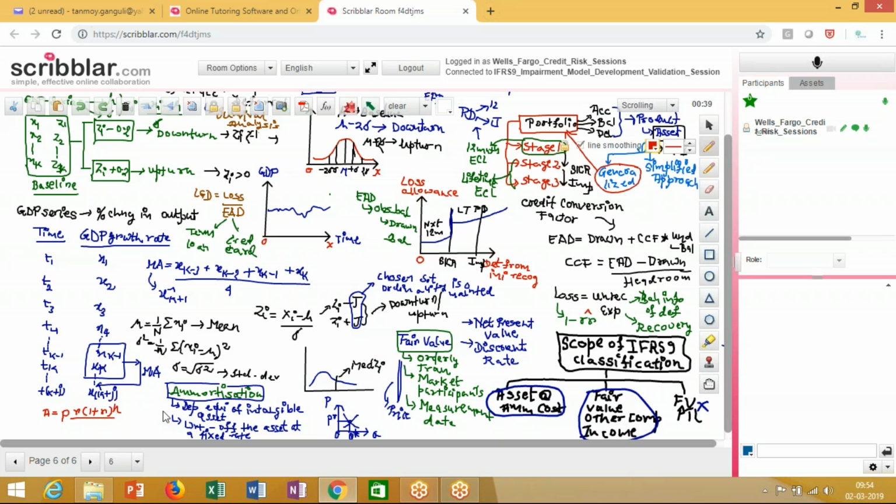Whether you are going to make 36 equal payments, or 60 equated payments, or 24 equated payments, how are you going to pay that? So that's what we have over here. The next part that we have is 1 plus R to the power of n minus 1.